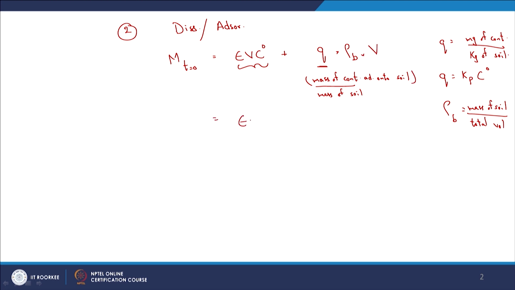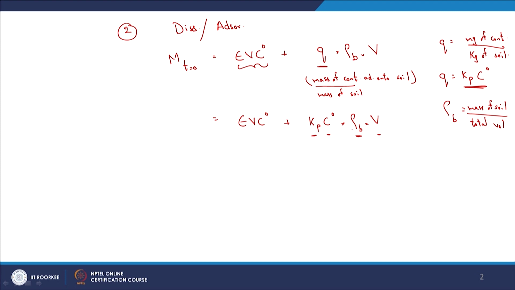Let us simplify this further: epsilon V C naught plus Q, which is Kp times C naught times rho B times V, where rho B is the dry density of the soil, V the total volume, Kp the partitioning coefficient, and C naught the concentration of the compound in water.